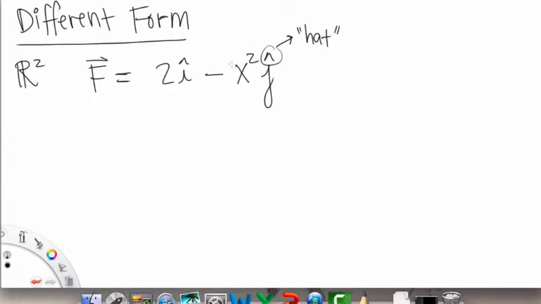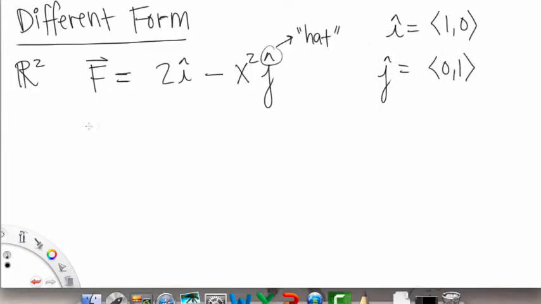But anyways, when you see something like this, if you've never seen it before, it might look like, I don't know what these little symbols mean and why do they have hats on. But what these mean is the i stands for a standard vector 1, 0, or 1, 0, 0 in the three-dimensional case, and j stands for 0, 1.